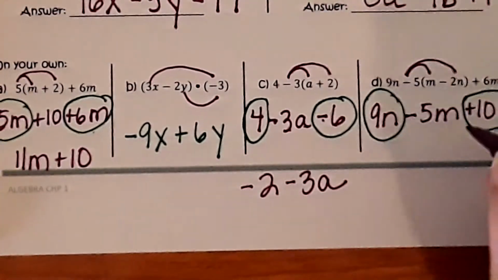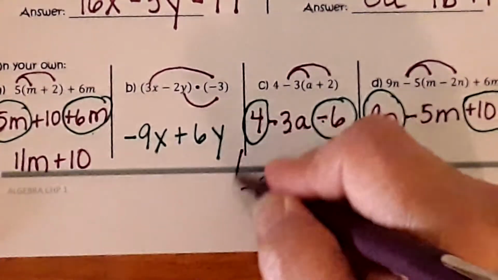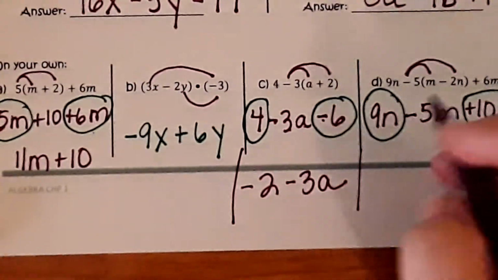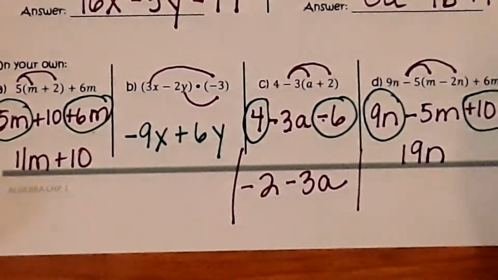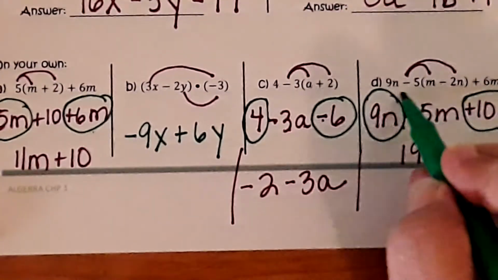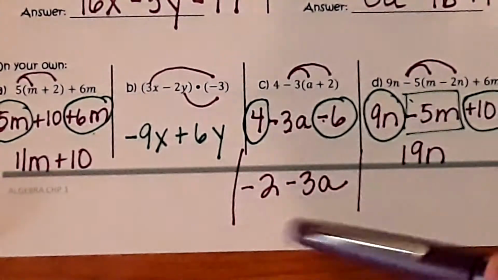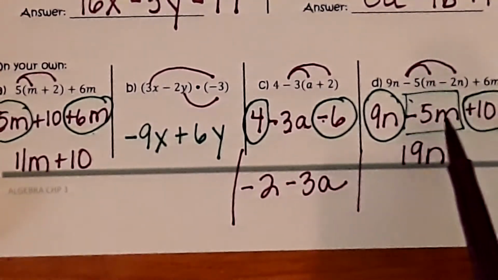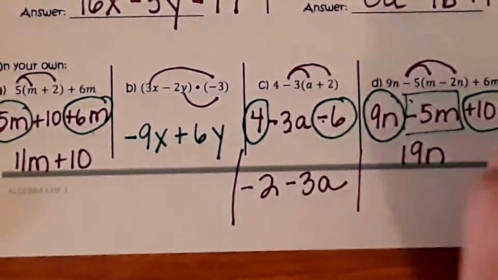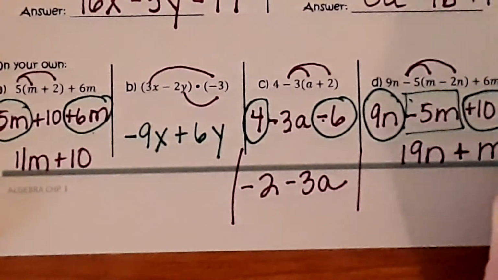Well, 9 plus 10 would be 19n. And then I have negative 5m and 6m. Well, you spent 5 of your m's and you had 6 m's, so you have 1 m left over.